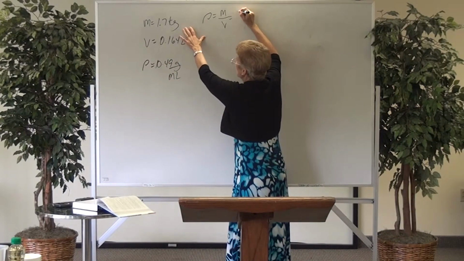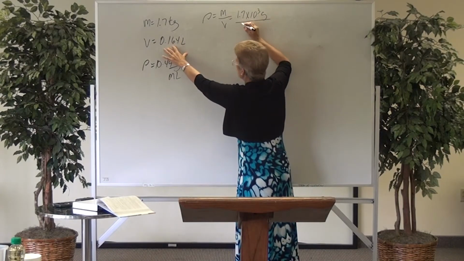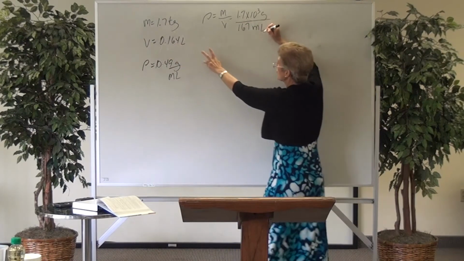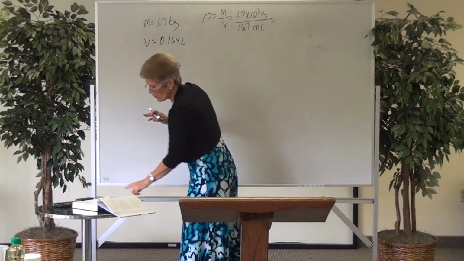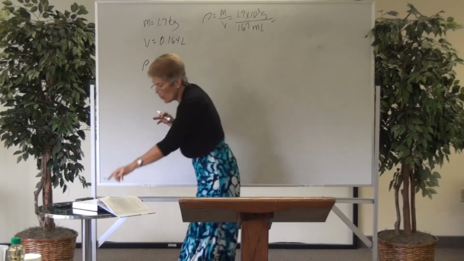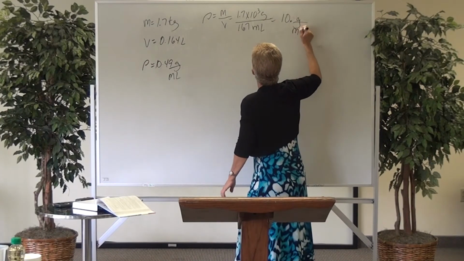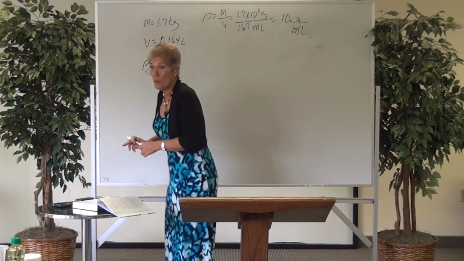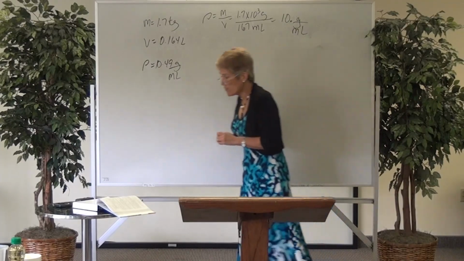So this is going to be 1.7 times 10 to the 3rd grams divided by 164 milliliters. You would do those 2 calculations at this point. How many significant figures are going to be in our answer? 2. So the answer we're going to get is 10, and I'm going to put my decimal there to show that that is a significant figure. 10. Is it silver? Probably, right? So it's probably silver. I would say yes.